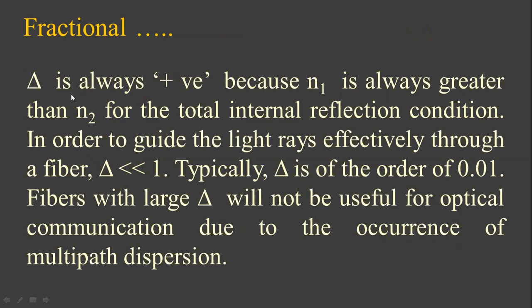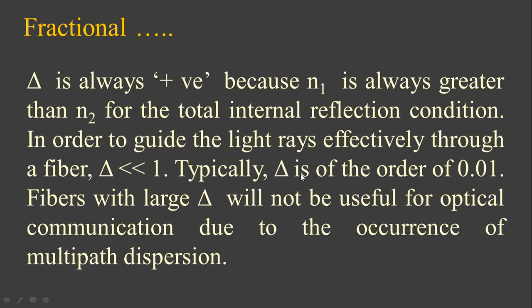This delta is always positive because N1 is always greater than N2 for the total internal reflection condition to take place. In order to guide the light rays effectively through a fiber, the fractional refractive index change delta should be very much smaller than 1.